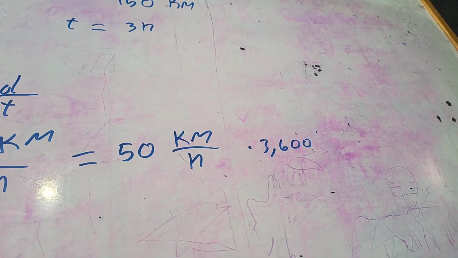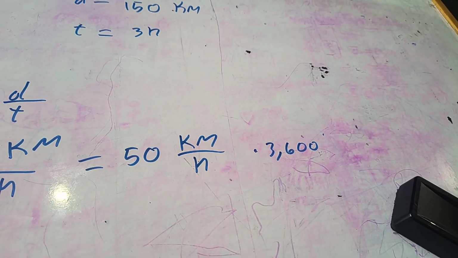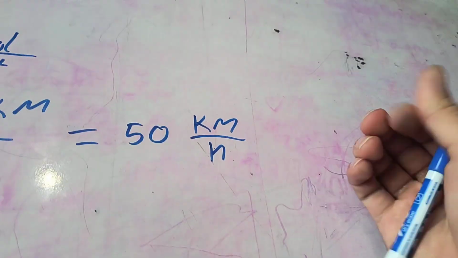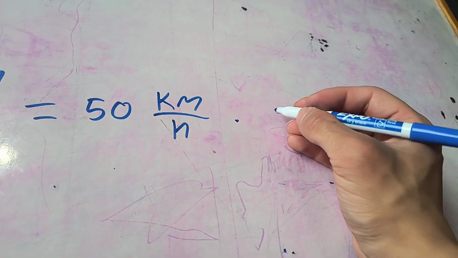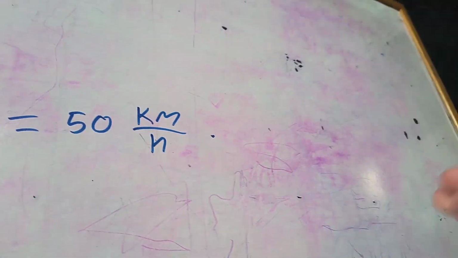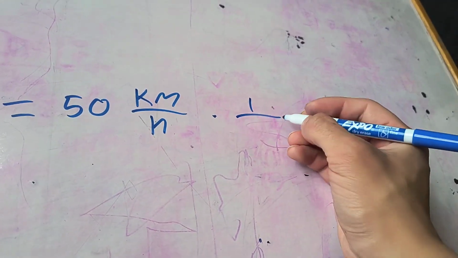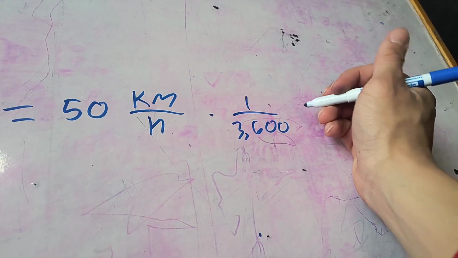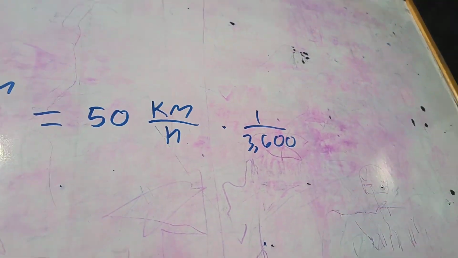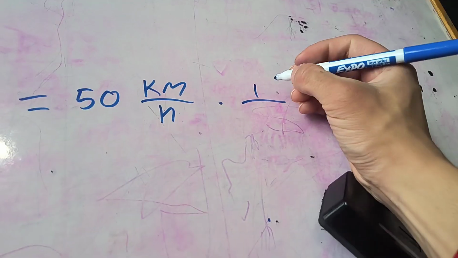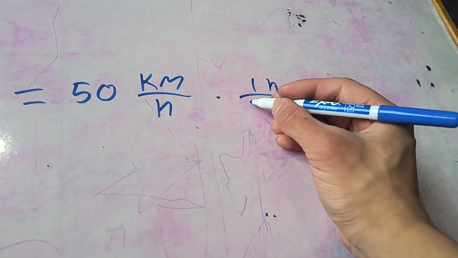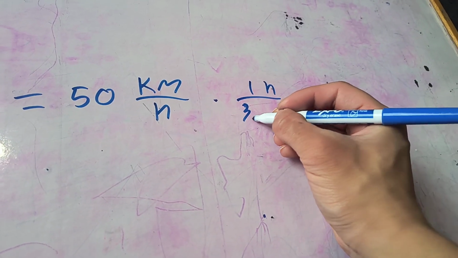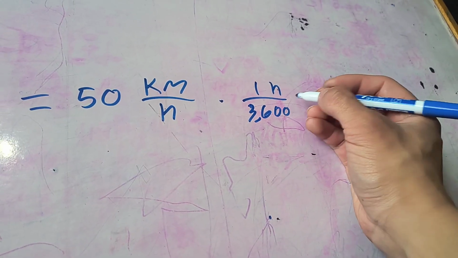Oh, no, we would multiply that by 1 hour over the number of seconds there are in an hour, because this would get it to the units of 1 hour over the seconds.